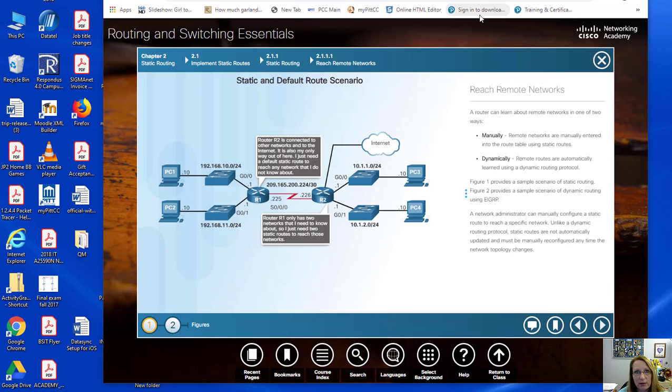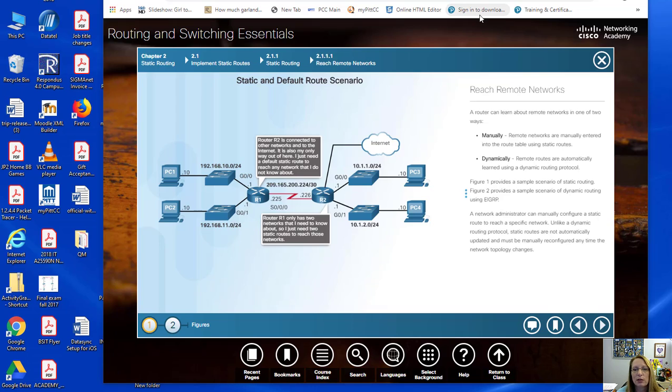With dynamic routing, a router would share its knowledge of routes, or how to get data from one place to the next, with another router, and they learn and just kind of change dynamically.